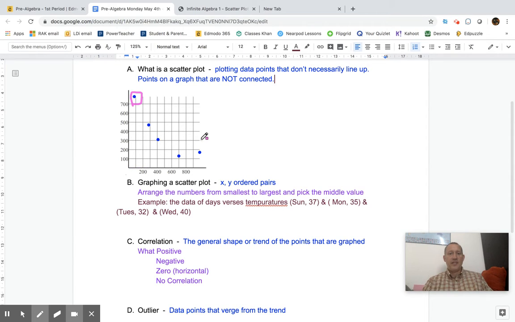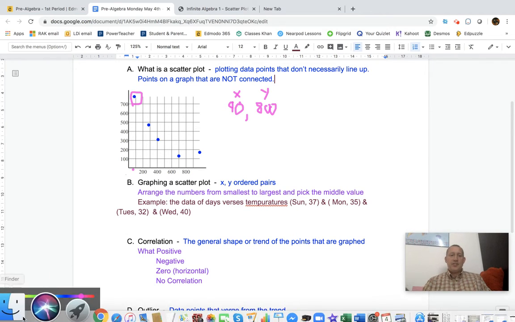So it looks like it's about 90 is the first part of the information, and the second part of the information is going to be somewhere around 800. So this is run. This is your x value. And it looks like it ran about to there. And then this is 800, which is your y, and that's your rise. So you run about there, and then you go all the way up to there. So that's what you're going to do.